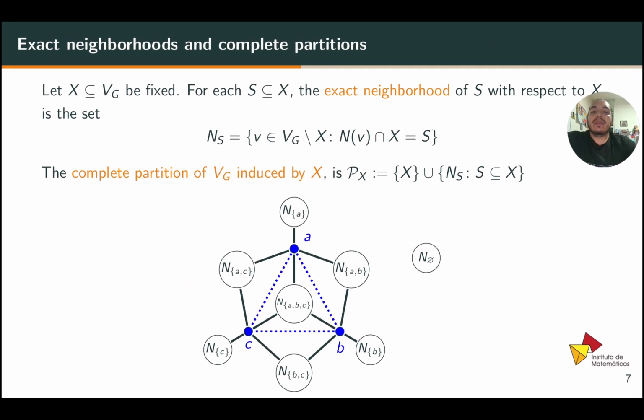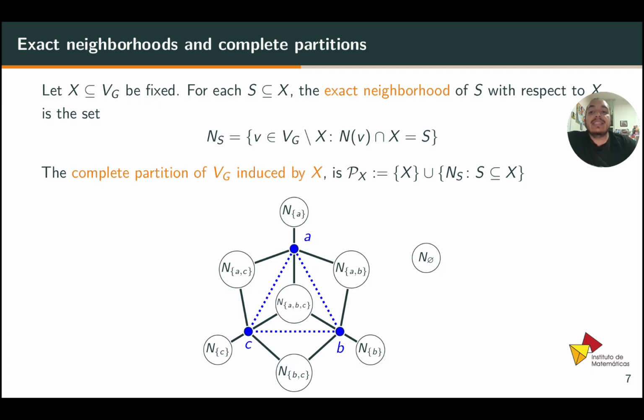Here we have a set X of three vertices, the blue vertices A, B, and C, and there are 8 different subsets of X: the empty set, the set having only A, only B, only C, AB, BC, AC, and finally the set having A, B, and C, which is precisely the set X. For each of them, we have the exact neighborhoods, which are the vertices of the graph not adjacent to any of A, B, or C, the vertices adjacent to only A, only B, only C, vertices adjacent to A and C, to A and B, to B and C, and vertices adjacent to A, B, and C. This is the complete partition.